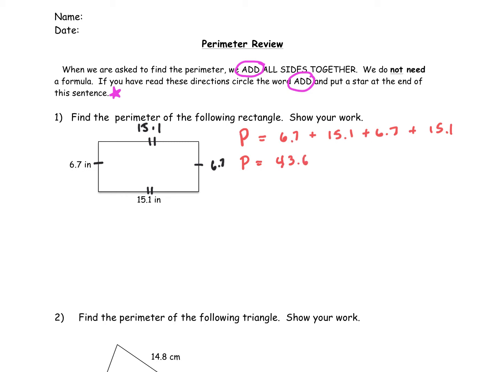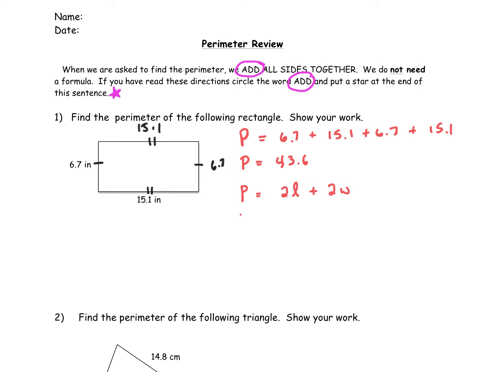Now some of you may have chosen to do this a different way. And the formula we mentioned would be that the fact that there's 2 lengths and there's 2 widths. Generally I choose to write L's in cursive when we're dealing with this so it doesn't look like a 1.